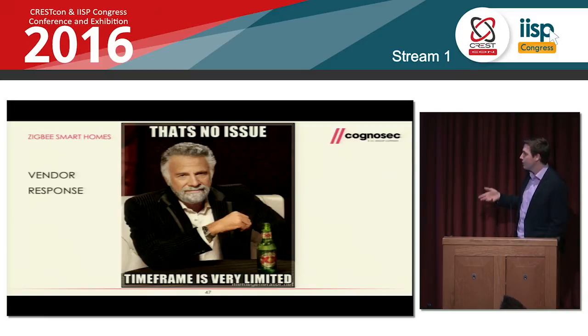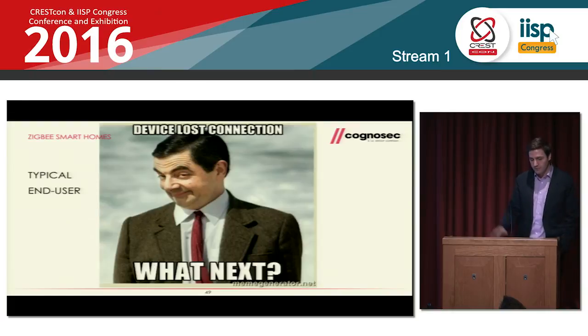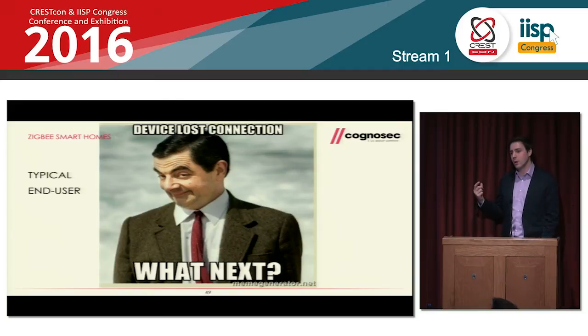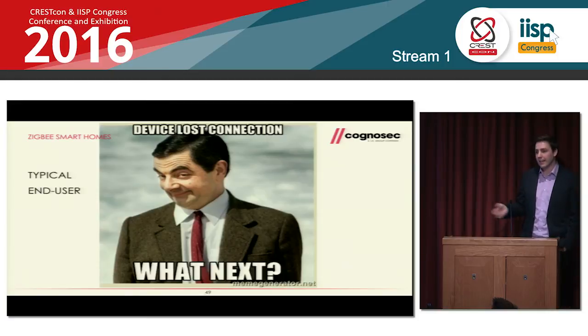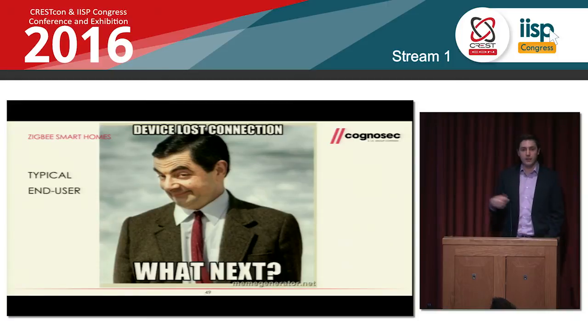And that's no issue, because the time frame is very limited, so you have to sniff the key exchange. But we found some ways to do it. Nowadays everybody is used to, for example, your Bluetooth keyboard losing connection, and you just repair it again. It's like turning it off and on again.